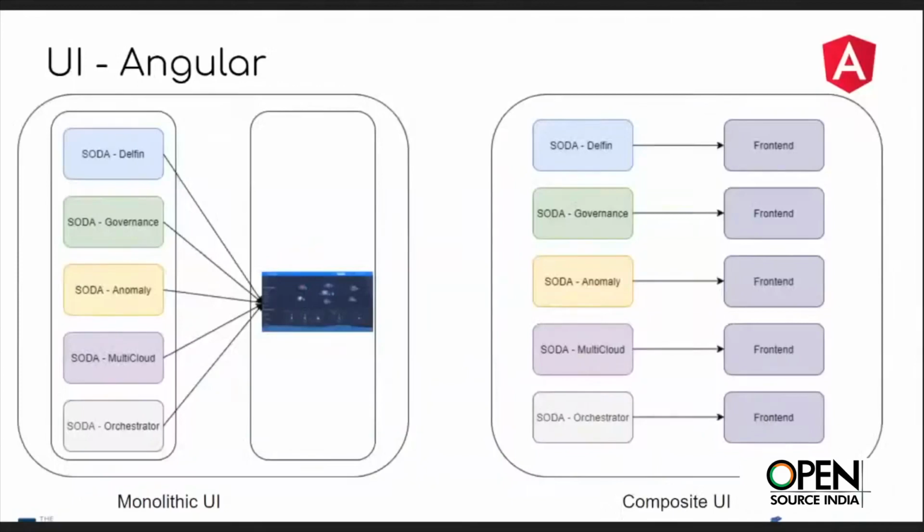All right, and the last piece is Angular, which is used for the UI. Angular gives a good way of using a UI for each of the backends. Right now we are using the monolithic UI approach, where each of the microservices connects to a single UI service, and all the services can be accessed through a single UI.